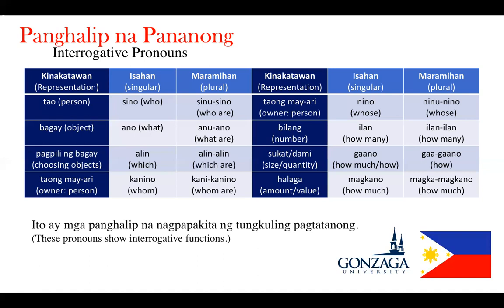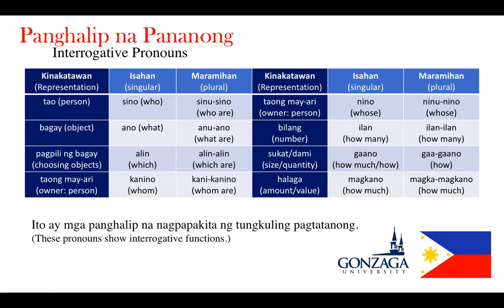There is no distinguishing marker between kanino and nino. They function the same in grammar. Unlike in English, you could distinguish easily when to use whom or whose. But in Filipino, usually they use kanino or nino. Either is acceptable.